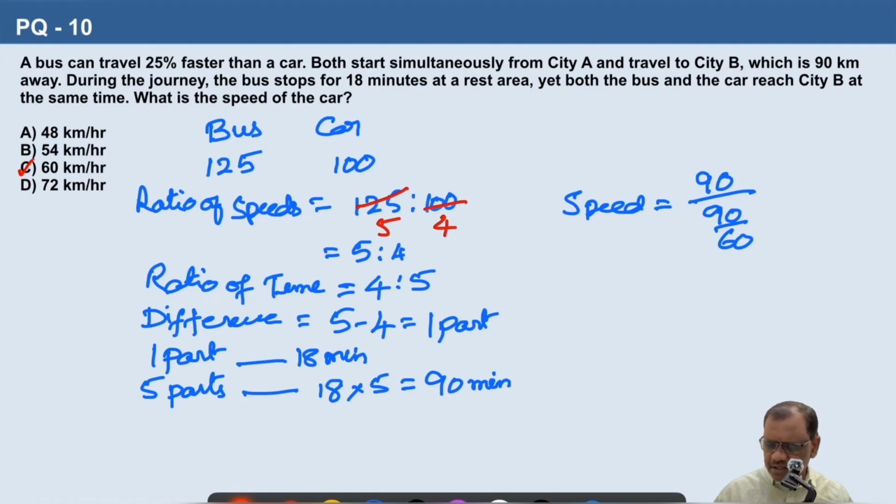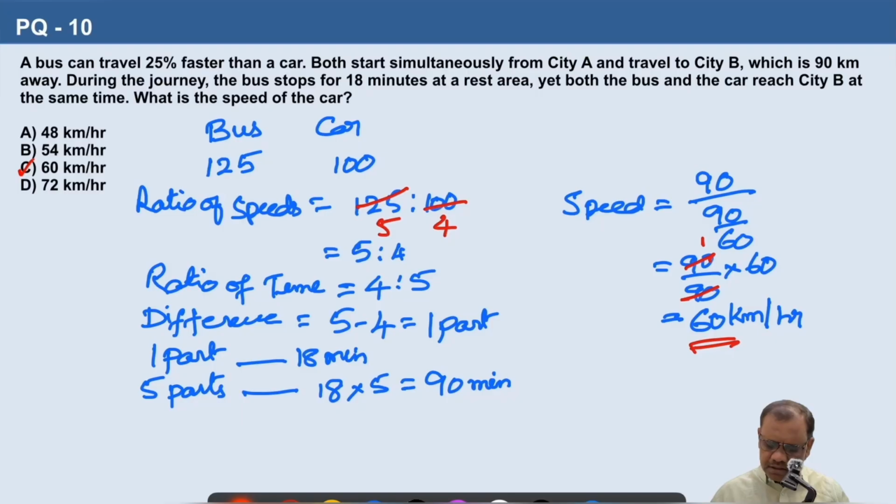Now simplify 90 by 90 into 60. So this will get cancelled. What is remaining? 60. So 60 kilometers per hour. This is the speed of the car.